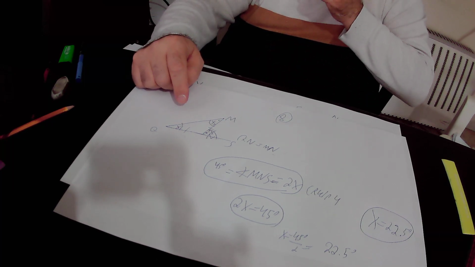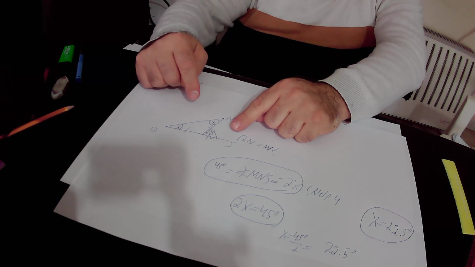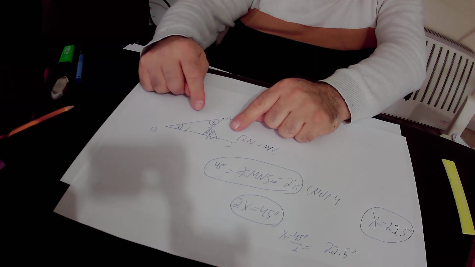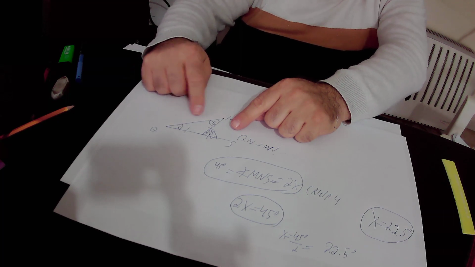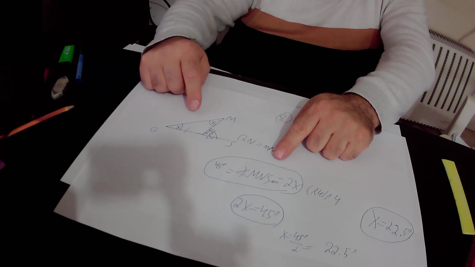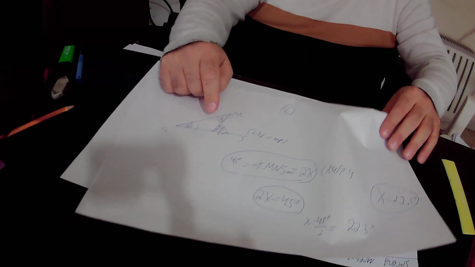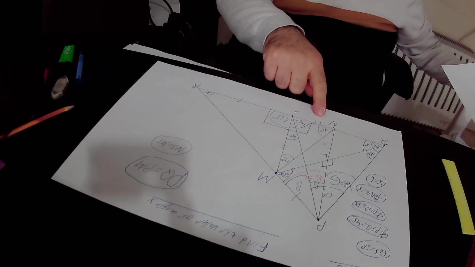And according to rule number 4, the exterior angle MNS of triangle QMN equals the sum of the angles that are not adjacent to it. That is to say, it equals x plus x. So we found out that angle MNS equals 2x according to rule number 4. But from the other side, we have already found out that angle MNS equals 45 degrees.